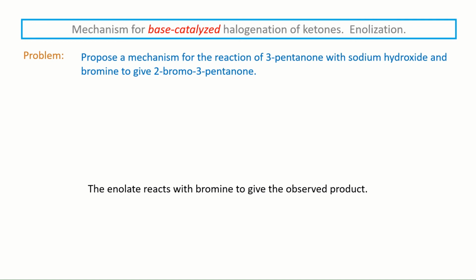So herein, what you need to do is to draw 3-pentanone and draw 2-bromo-3-pentanone and see exactly what the mechanism would look like. It is a base catalyzed system, so of course we're talking about forming your enolates.